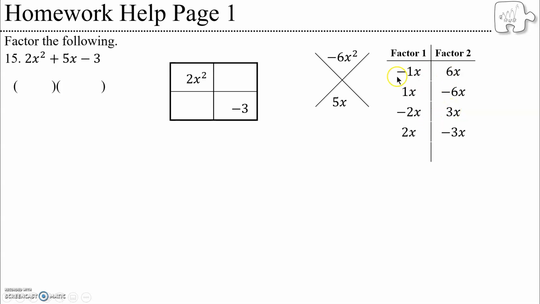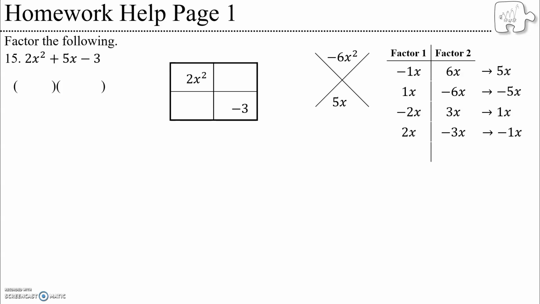Now when we add them together, 6x and negative 1x gets us 5x. 1x and negative 6x gives us negative 5x, because now the negative is bigger. Negative 2x and 3x gives us 1x. 2x and negative 3x gives us negative 1x, since the negative is bigger.